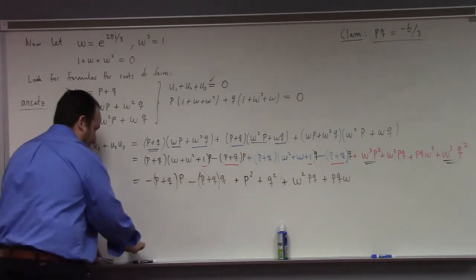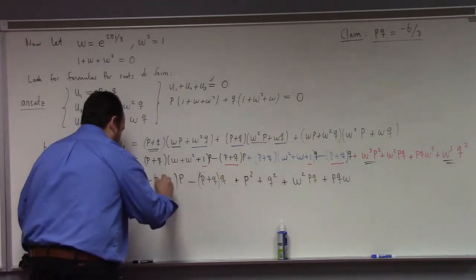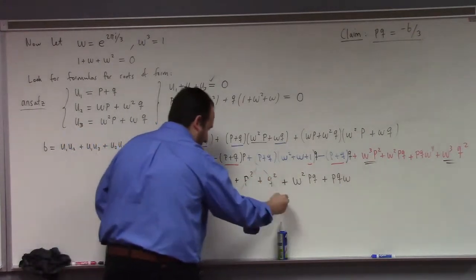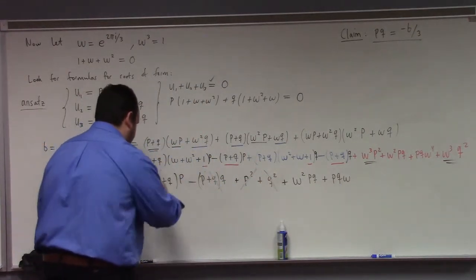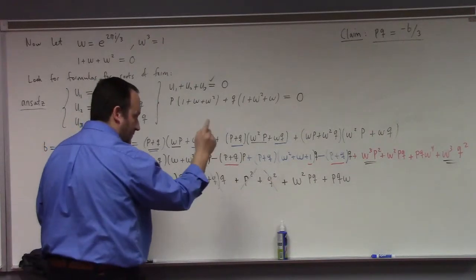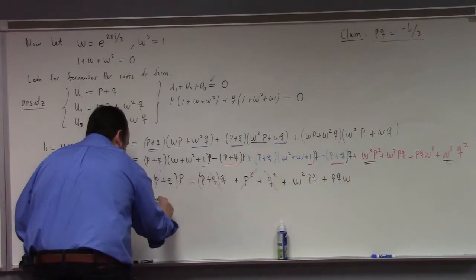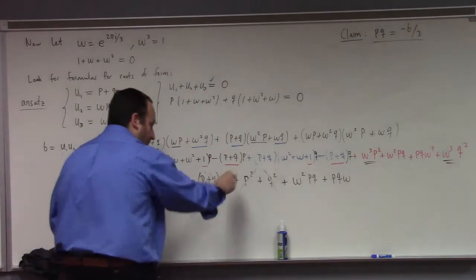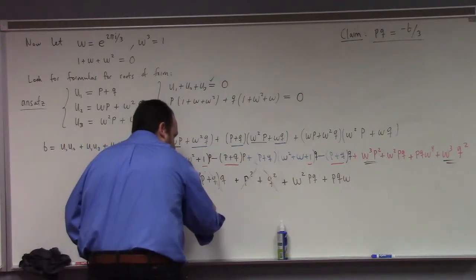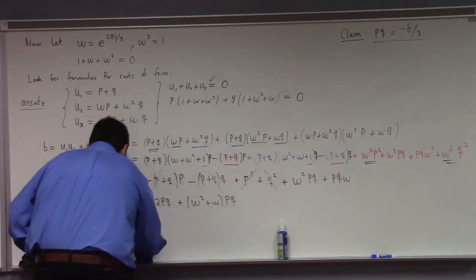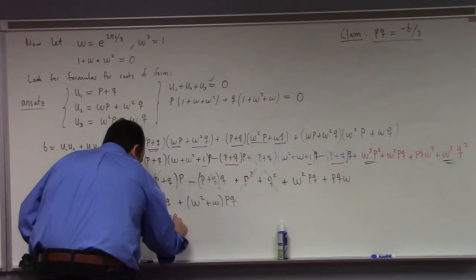So what cancels, of course, is this P squared cancels that one, this Q squared cancels that one, and that leaves us minus PQ minus PQ, minus 2PQ, and over here we've got plus omega squared plus omega PQ, otherwise known as minus PQ.